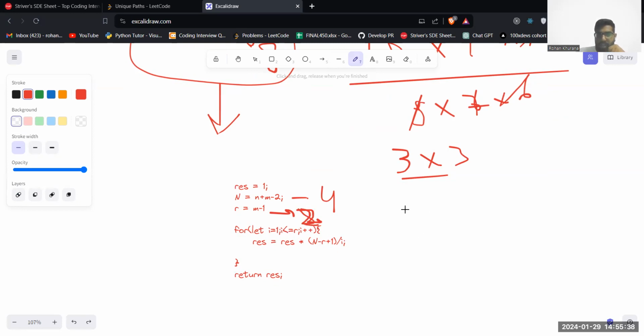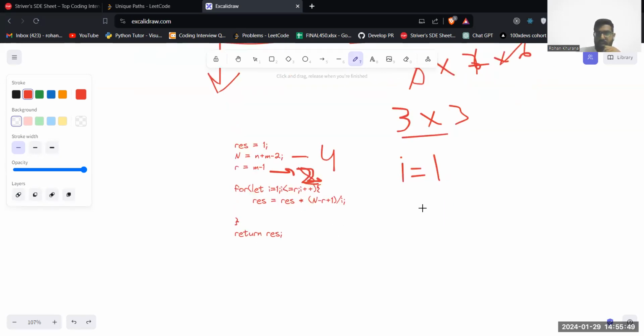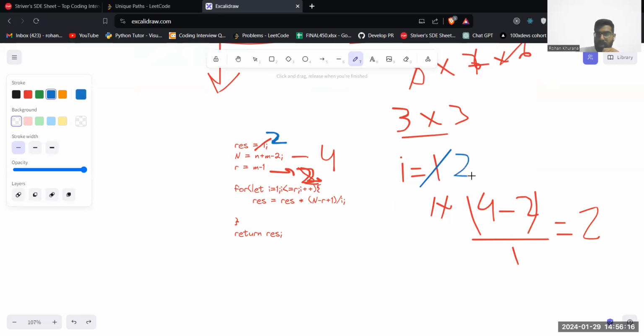You start from i equal to 1. Res is 1, so res equals 1 into N, that is 4, minus 2, divided by i, that is 1. So it is 2.